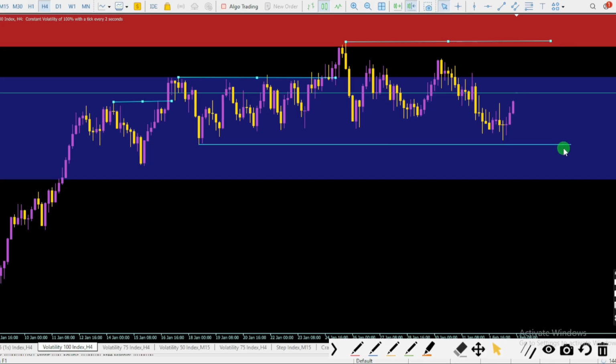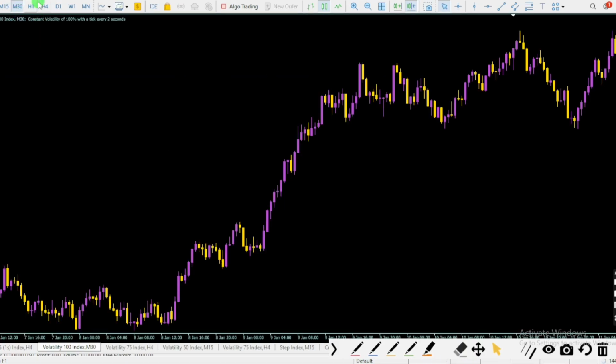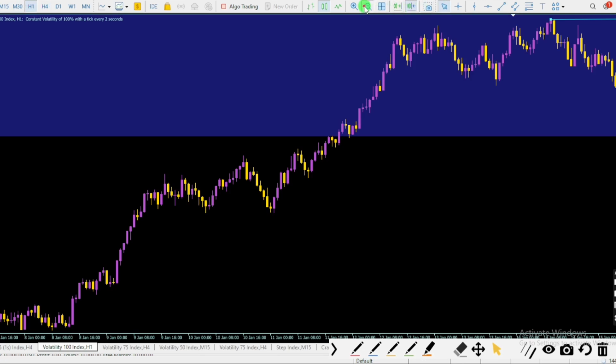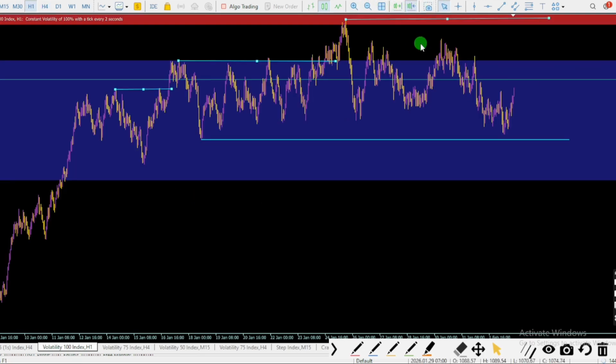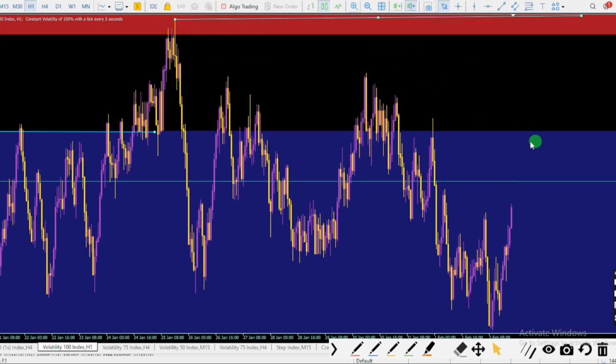So if I want to trade for any reason, then I wouldn't be looking at the higher time frame. Okay, yes, I already know what the higher time frame is doing, but what I'll be doing right now, if I want to really trade this, is I'll probably go down to the H1 and see what structure is doing. On the H1, I will just say, okay, market was breaking structure to the downside, and I'll be looking for sales.